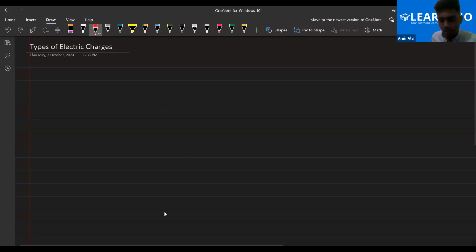Okay, it seems like nobody else is joining. Now in this class we are going to start the electricity chapter. The basic thing that we are going to discuss is electric charges, because electric charge is the fundamental thing related to the electricity chapter. If there is no electric charge, no electricity will be there, because electric charge is like the atom of electricity.